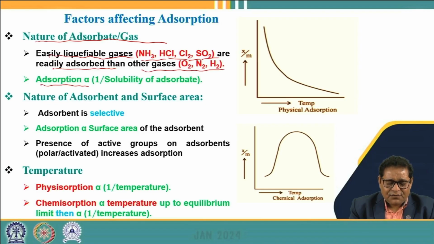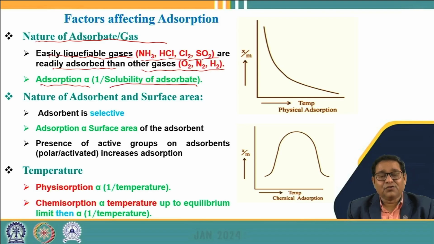The adsorption process also depends upon the solubility of the adsorbate. If the solubility of the adsorbate is more, the rate of adsorption will be less. If the adsorbate is insoluble, the solubility is less, then the adsorption of that pollutant is more.